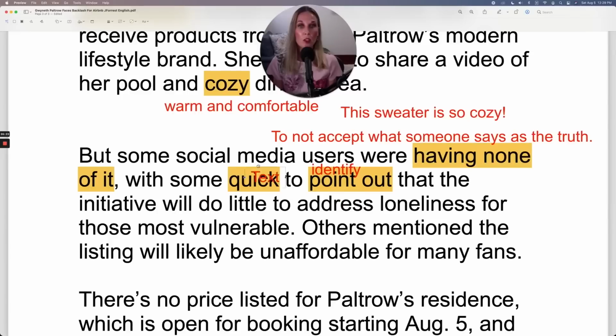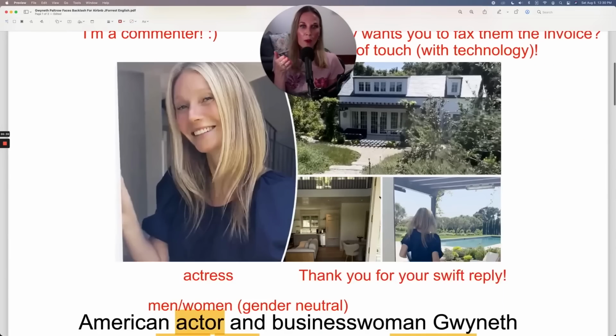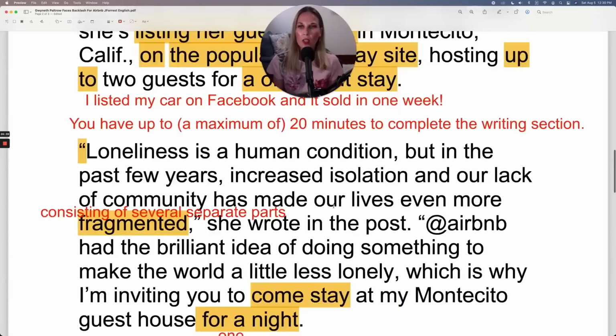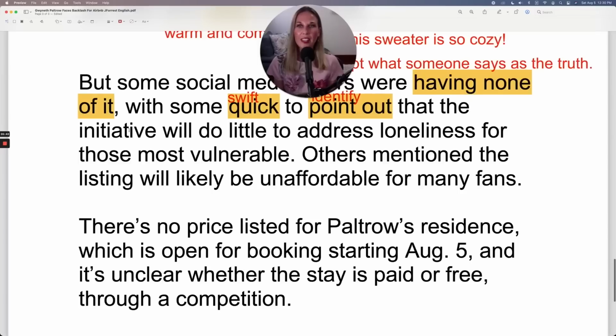With some swift to point out that the initiative, her initiative of offering her guest home for a one-night stay. Remember, that's her initiative. Her initiative will do little to address loneliness for those most vulnerable.